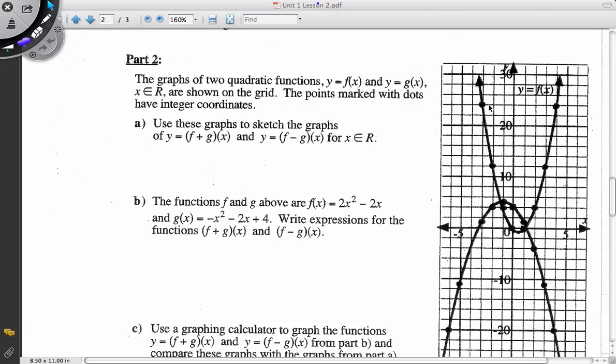The squares are going up by 2, so we're actually at 24. Now if we come down to the other function, this looks like it has a height of 1. Now 24 plus 1 is 25.